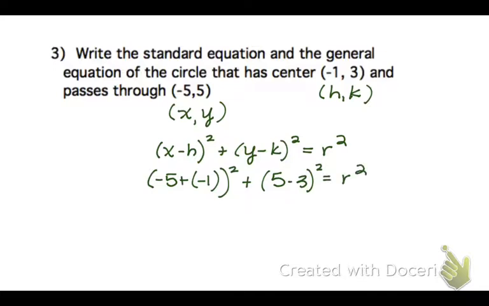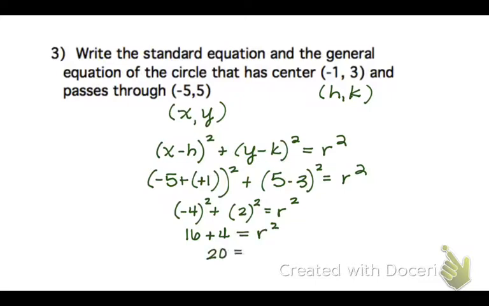So we're going to change this to plus. So negative 5 plus 1 is negative 4. 5 minus 3 is 2. So we square a negative, it's always going to be a positive. So r squared is 20.